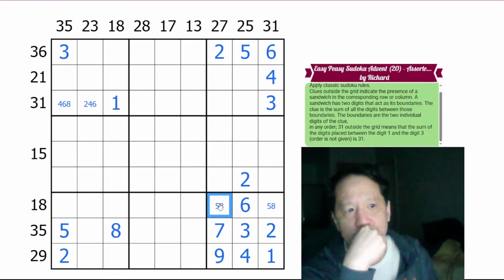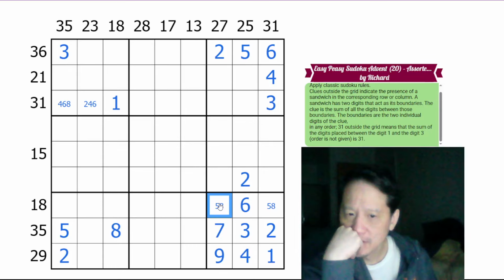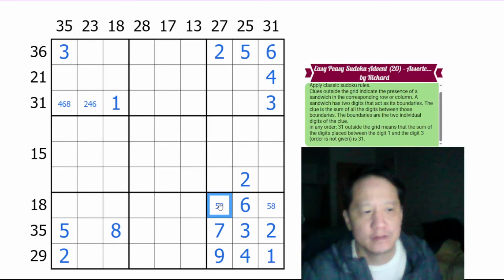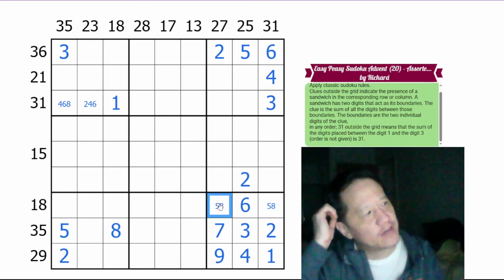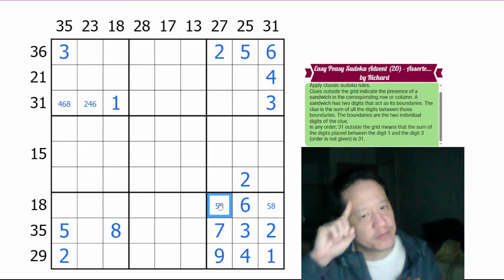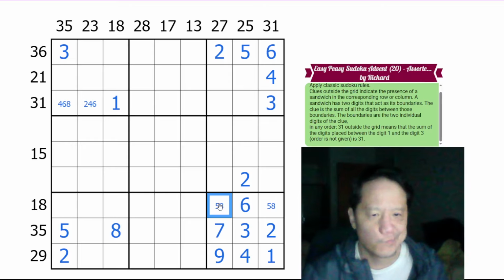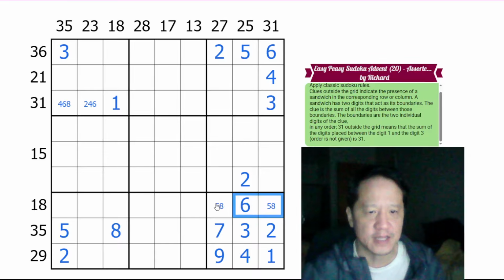That's 11 plus 7, which cannot be 2, 5, but it could be 7 by a digit 7 by itself or 3, 4. What about 8 here? If this is 8, this is 5, 6. And that would be 7. So we know 1 just can't be here. If this is 1 and 8, you'd have 6 and 5 here. That's 11 outside, but we need 18 outside and 18 in between. So this can't be 1.